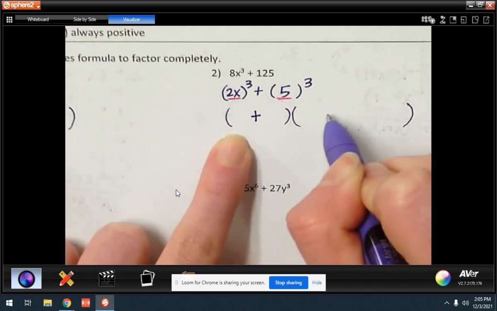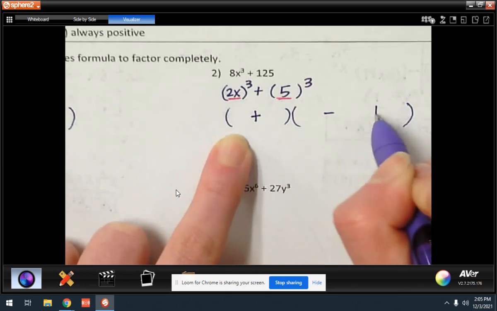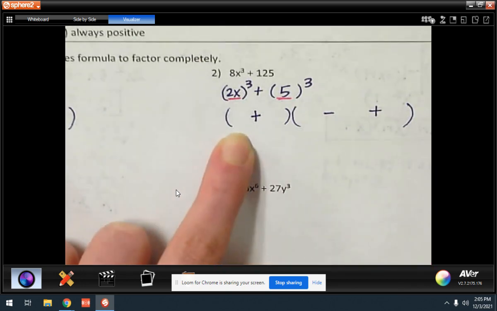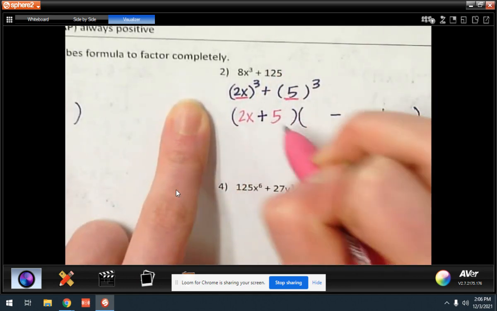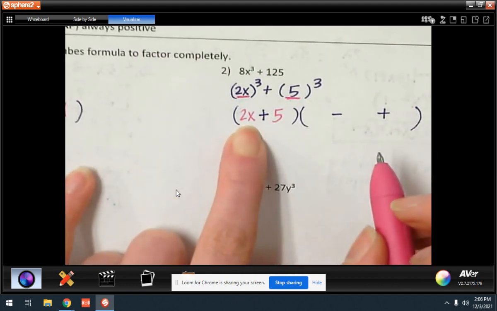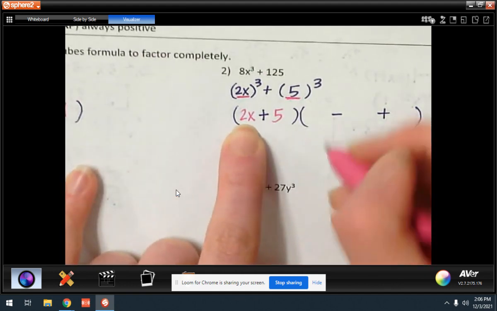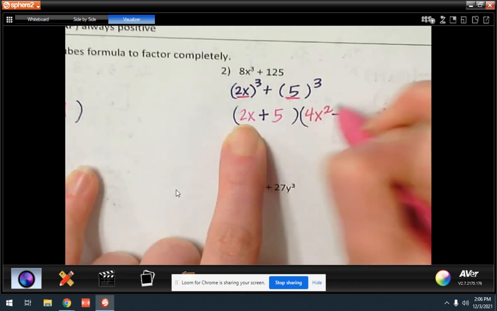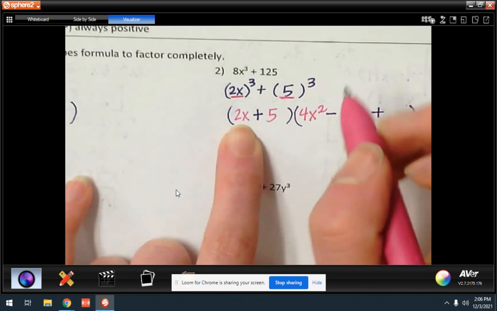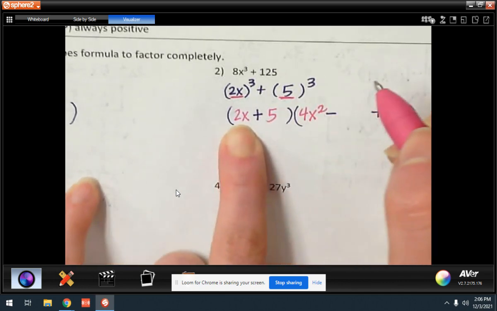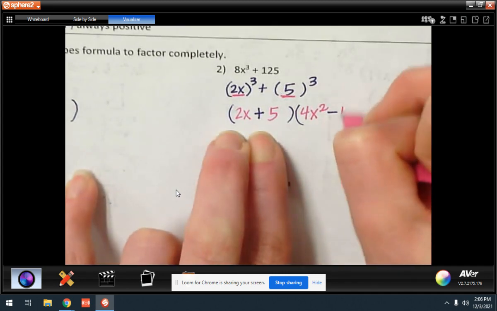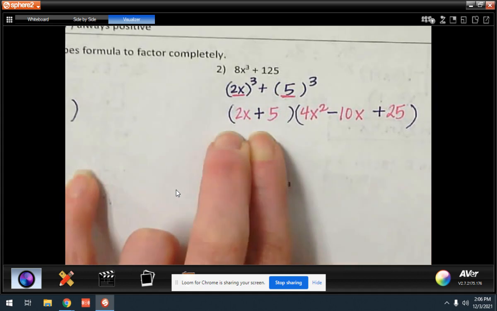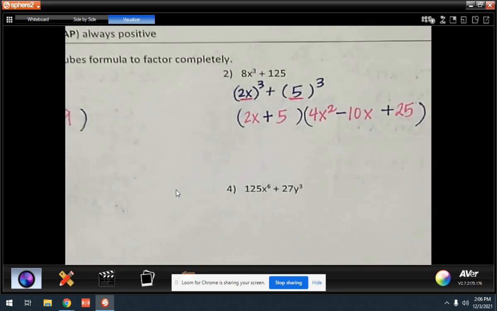Same, opposite, always positive. The 2x goes here. The 5 goes here. Square the first, including the 2, and you get 4x squared. That's a common mistake, forgetting to square the 2. Square the last, and you get 25. Multiply the 2 together, and you get 10x. Ignoring all signs because we already took care of it. And you are done.